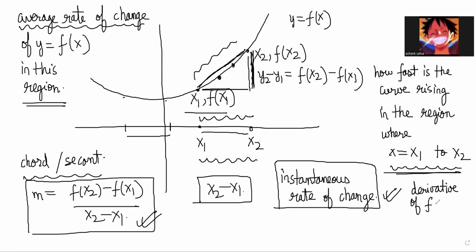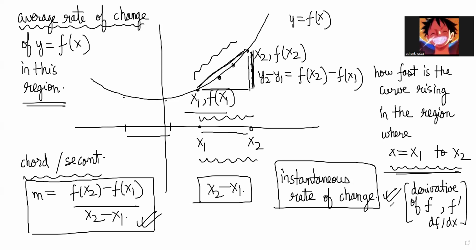Derivative of f, or we'll say f dash, or we'll say df by dx. Many ways to say the same thing. So that concept is called the derivative. Derivative is basically telling us the instantaneous rate of change of a function at a particular point, right?